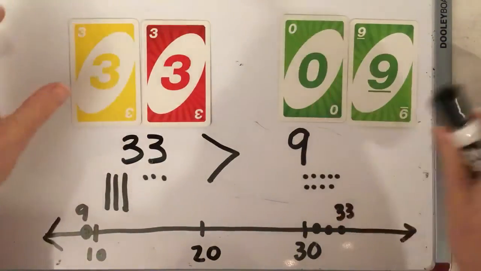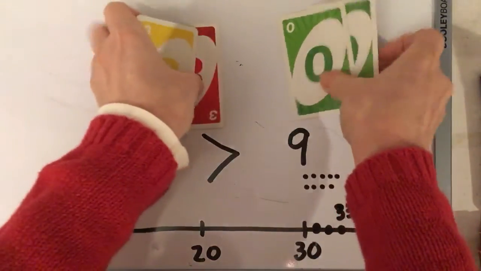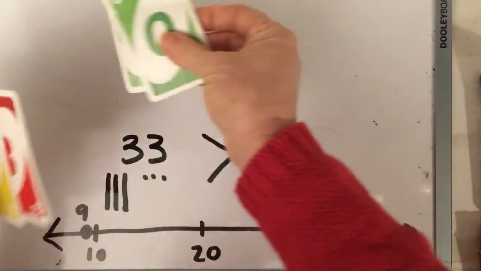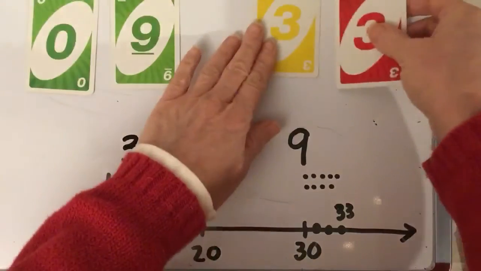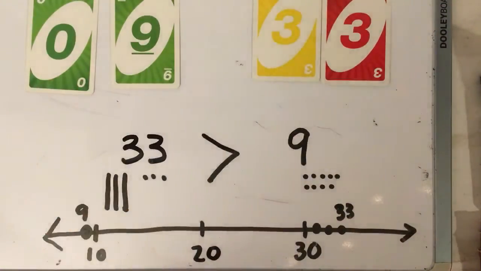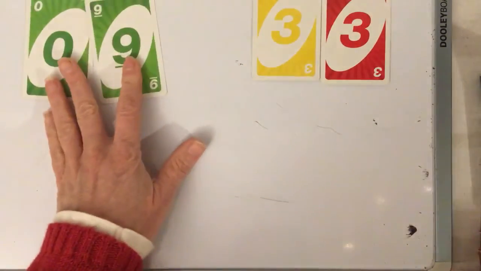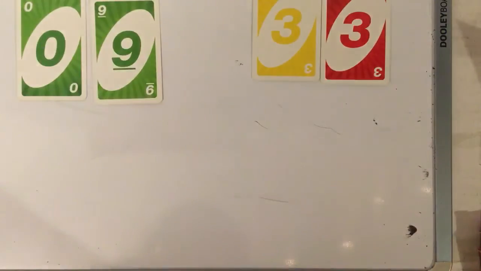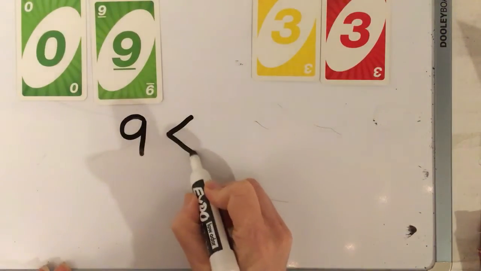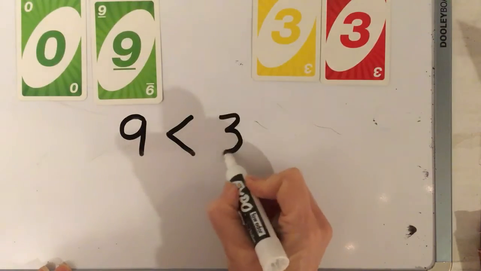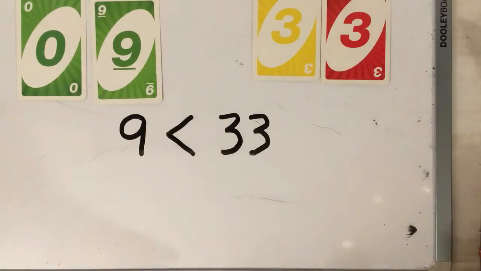I can turn that fact around by putting the 9 in front of 9 and 33, and I can write my inequality this way too. 9 is less than 33. I know these symbols can be really tricky.